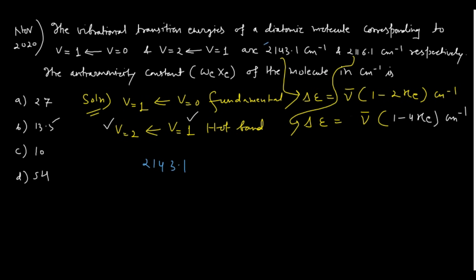So you can write nu bar 1 minus 2 xe, of course in centimeter inverse. And then you have the next value, 2116.1, that would be for your hot band. For the hot band, nu bar 1 minus 4 xe, in centimeter inverse.